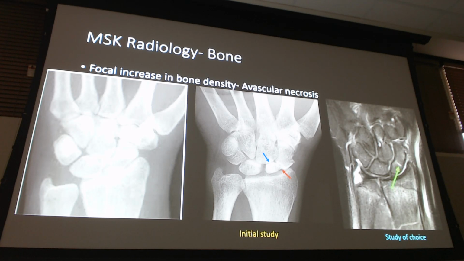But right now, you're still kind of seeing this stuff. So I compare it to the one that's over here, so that you have the two comparisons on each side, okay? Plus there's the big red fracture line on here too. But I'm more focusing on that sclerotic area. That's the part of the bone that's dying right now on this particular picture. All right? Now I show you the MRI as the study of choice.